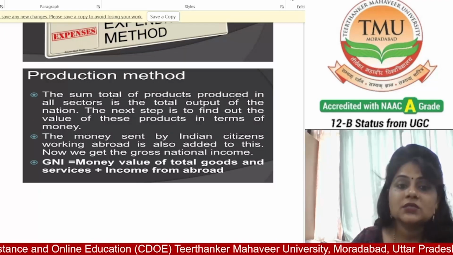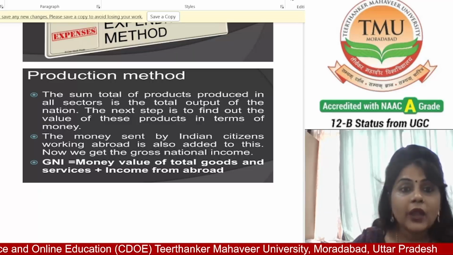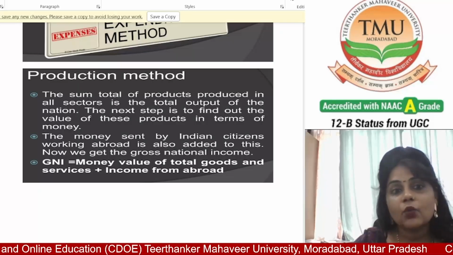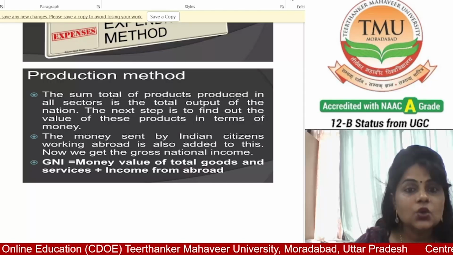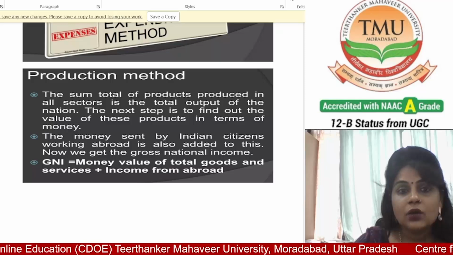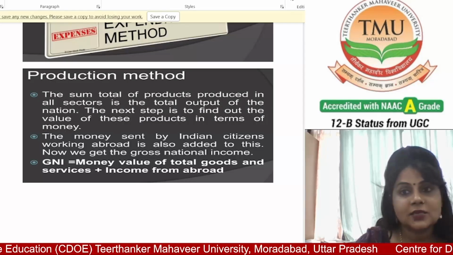So the difference between the value of output and the value of intermediate goods is known as the value added. Value added is equal to value of output minus intermediate consumption.